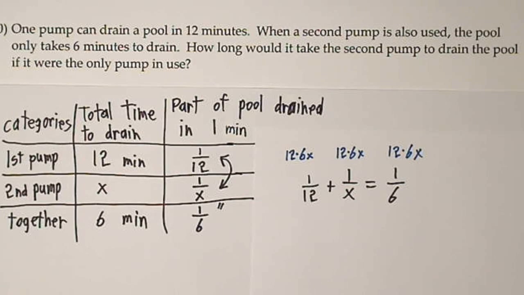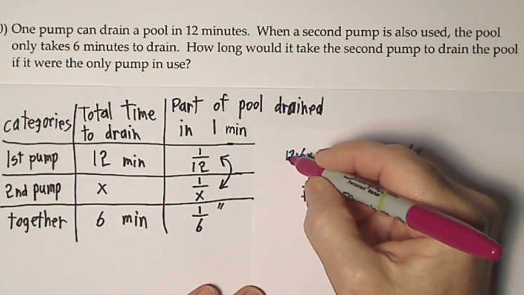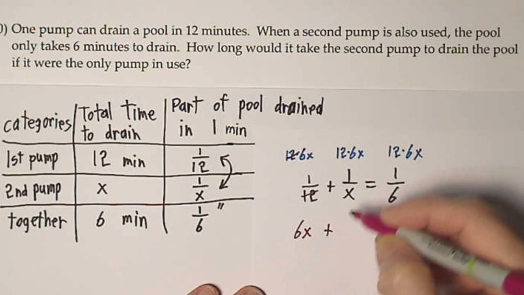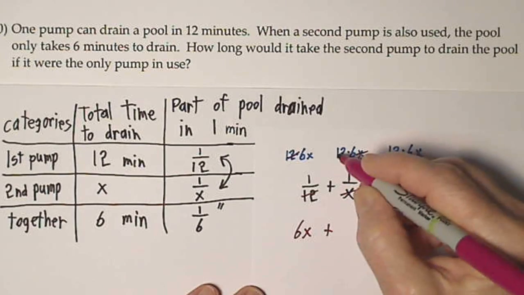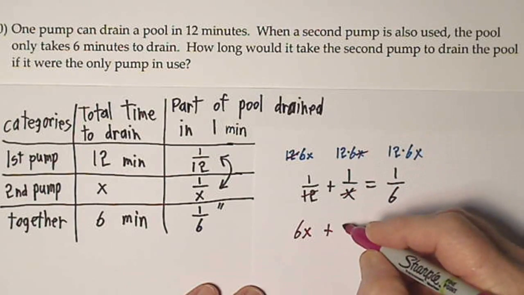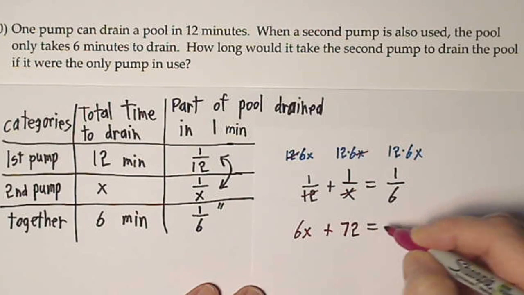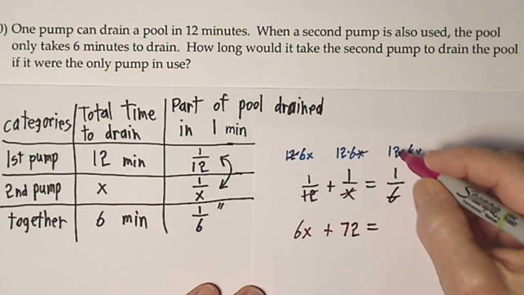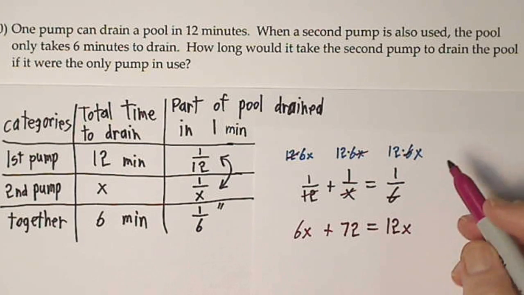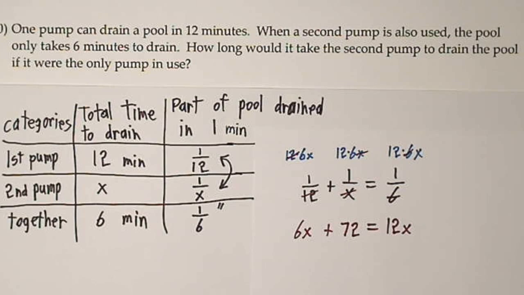Now we'll just cancel whatever we can. 12's cancel. 6x times 1. Bring down your plus. X's cancel. 12 times 6. Again, that one's not so hard. 60, 72. And the 6's cancel. 12x times 1. And let's get rid of this 6x.